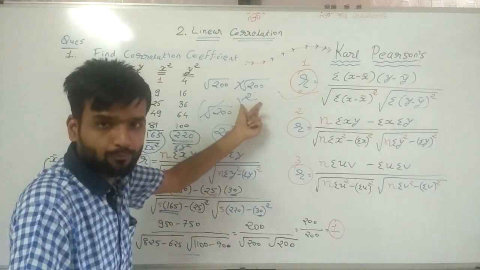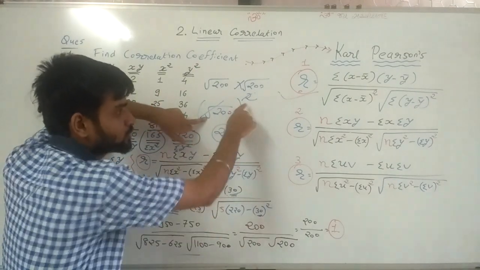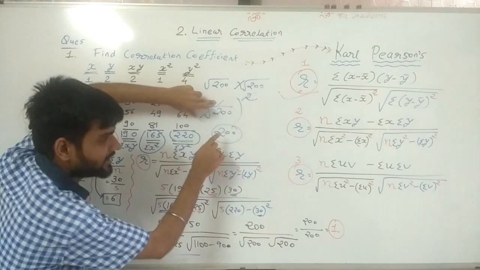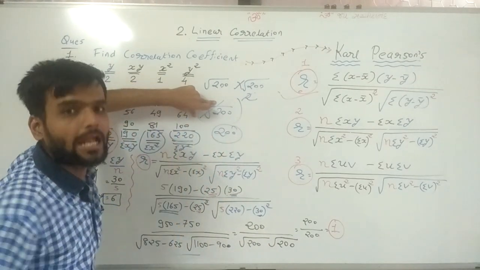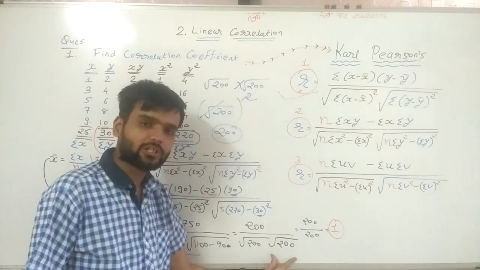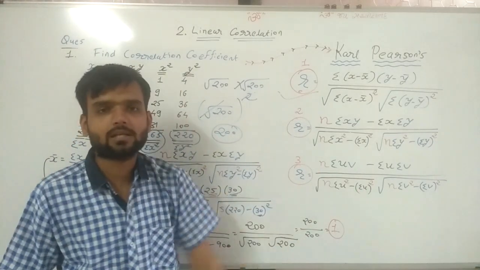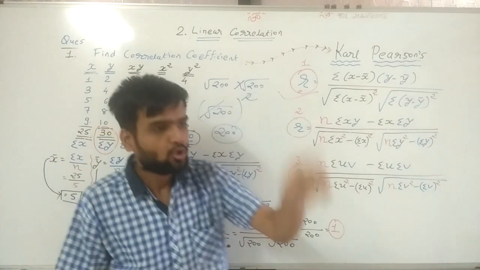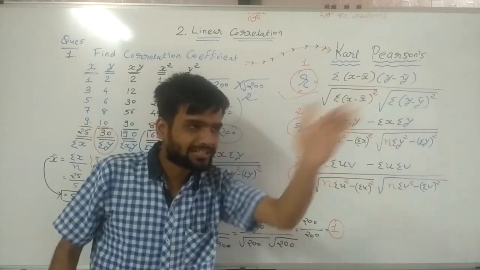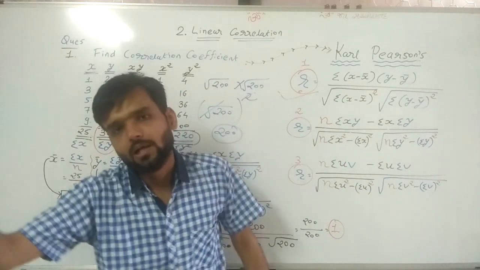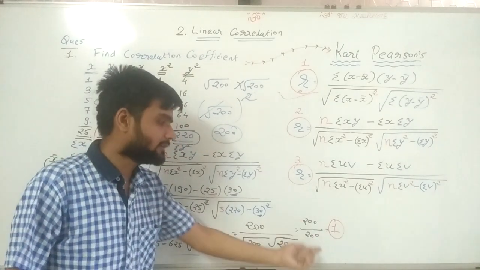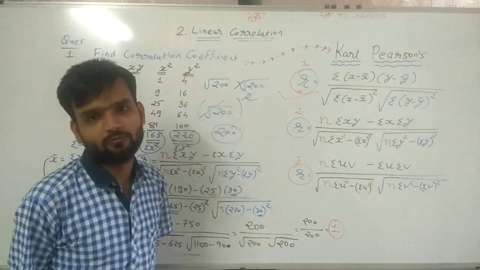And all of you know, whenever root square is given, then the root sign and the 2 cancel. Answer is 200. Suppose root 5 into root 5 is given, then answer is 5. Root 10 into root 10, answer is 10. Same here, 200. 200 divided by 200, answer is 1.